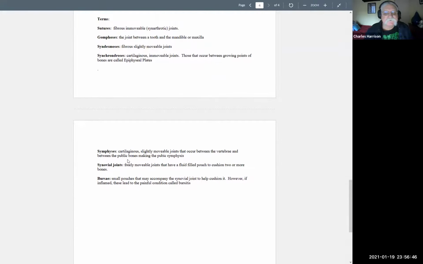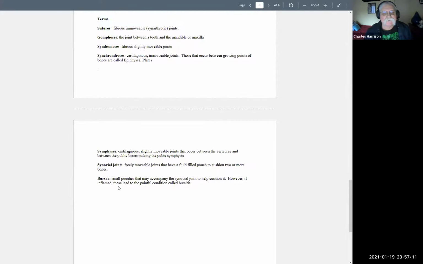A symphysis is a cartilaginous and slightly movable joint between the vertebra and the pubic bones, which makes the pubic symphysis. The synovial joints, freely movable joints that have a fluid-filled pouch to cushion two or more bones.